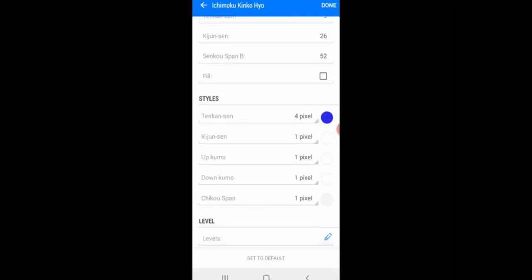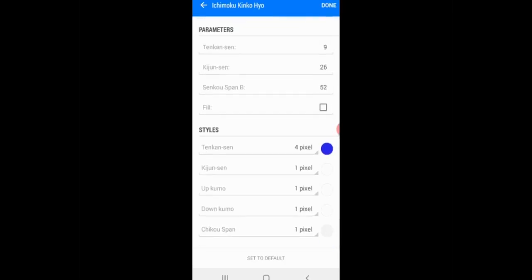Then the pixel, the first one is 4 pixel, then the second one 1 pixel, and all through 1 pixel. You use a color that suits your screen. My MT5 is white, so I'm using this color because you don't need to show the Ichimoku. So I believe we understand that.